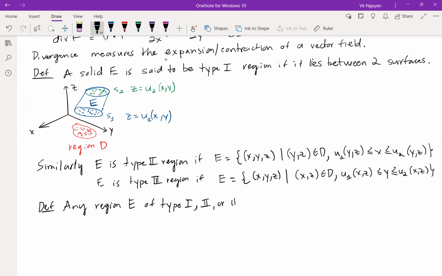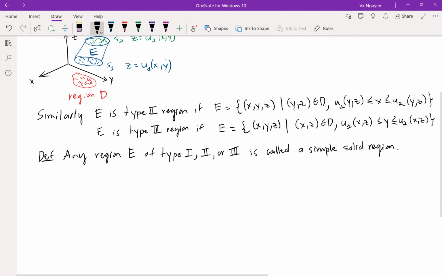It's closed and bounded. Okay, so here comes the divergence theorem.